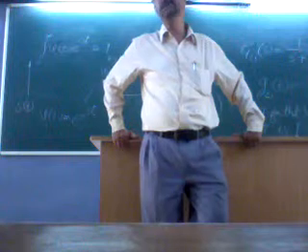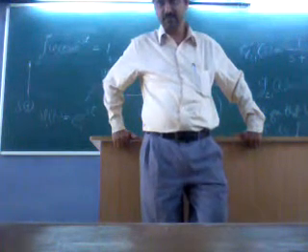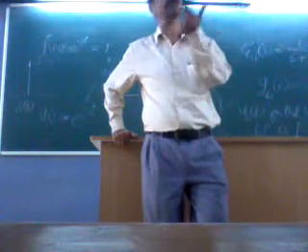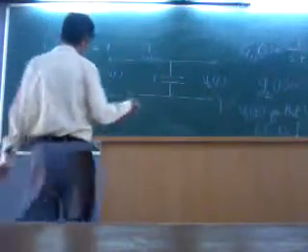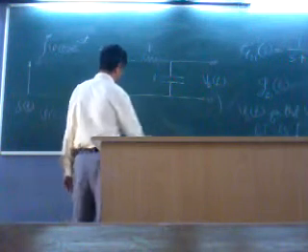Delta(t) is the limiting case of a rectangle of area 1. We start with a rectangle or square of area 1, or a triangle, which is a better proposition actually. A triangle of area 1.